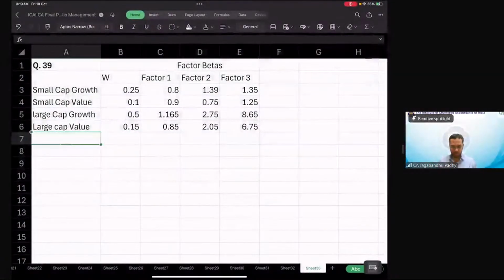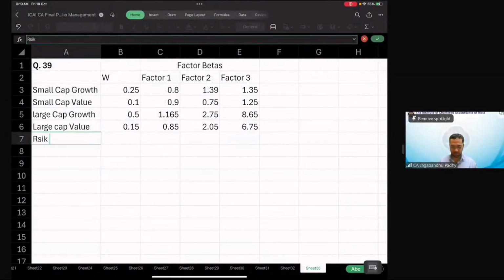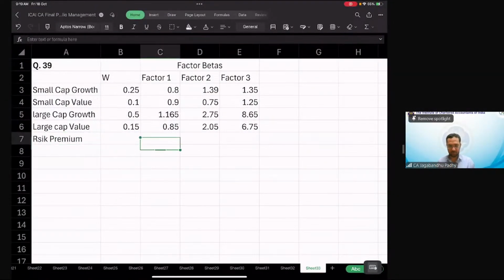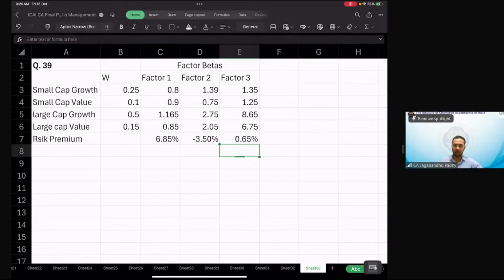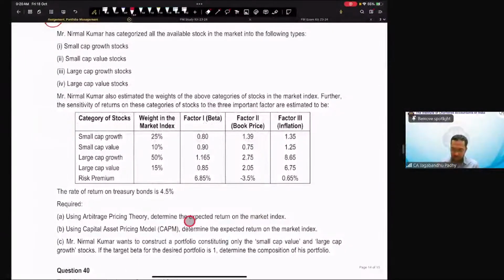We also know the risk premium of each of the factors. Risk premium of factor 1 is 6.85%, factor 2 is minus 3.5, and factor 3 is 0.65. Okay, so we have to use the arbitrage pricing theory to obtain the expected return.